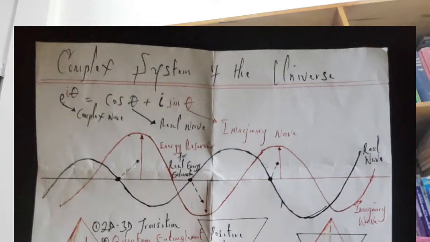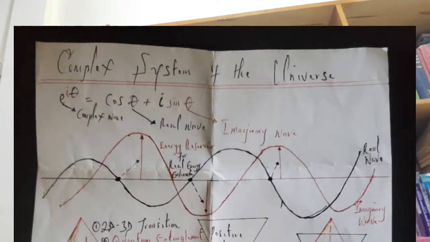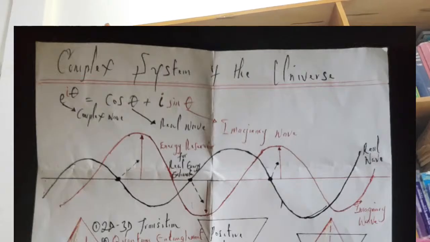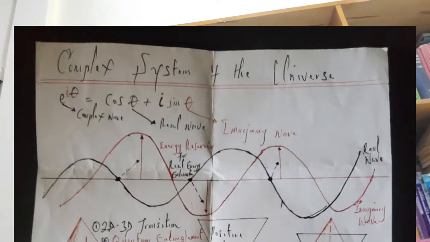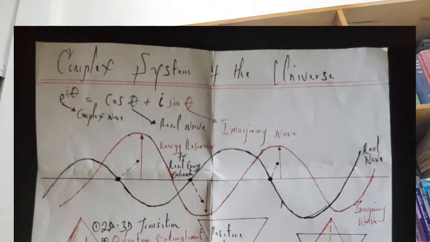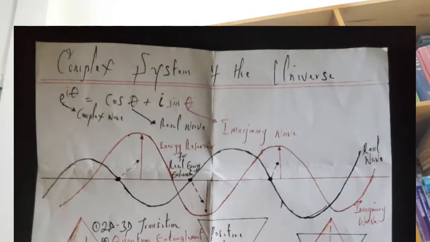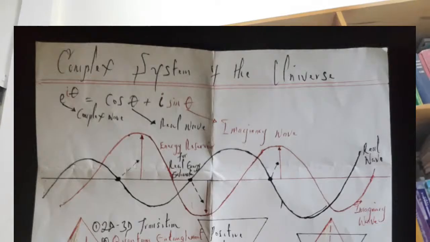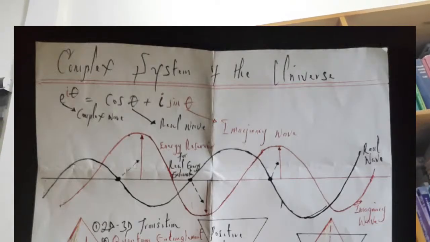So if we're to use this image now, we have a complex system right there. We still have the Euler equation right here. So we have e to the i theta, and e to the i theta is the complex wave. Right inside it we have a real wave and an imaginary wave.